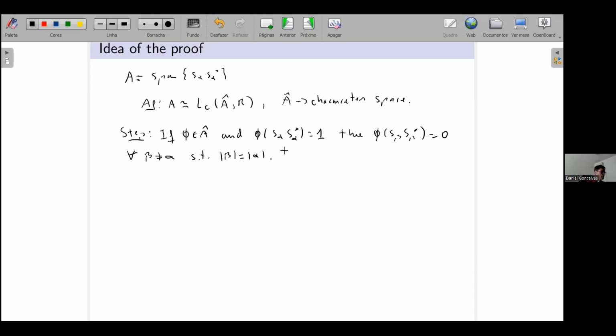Moreover, if you have an initial segment of alpha, if alpha is equal to gamma alpha prime, then phi of S_gamma star is also equal to 1.